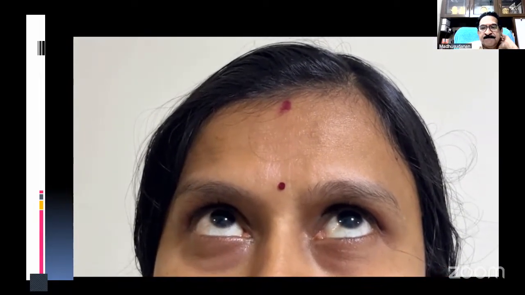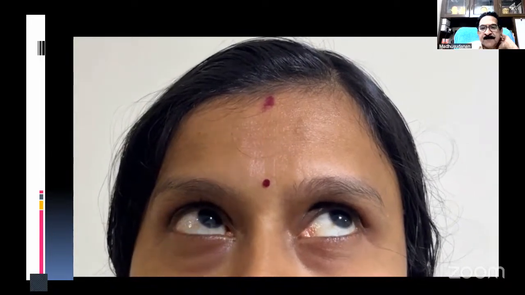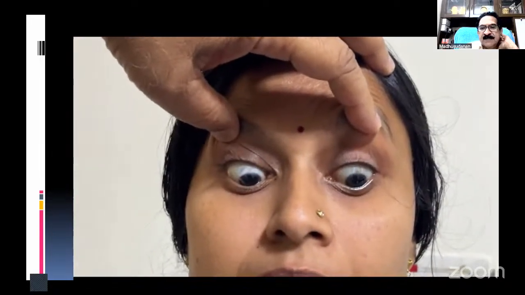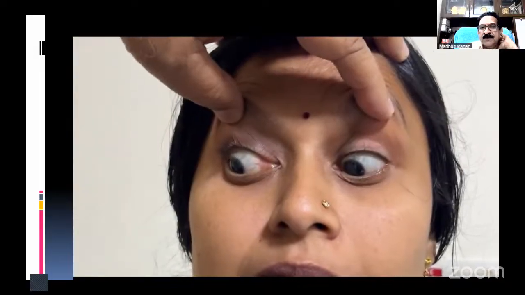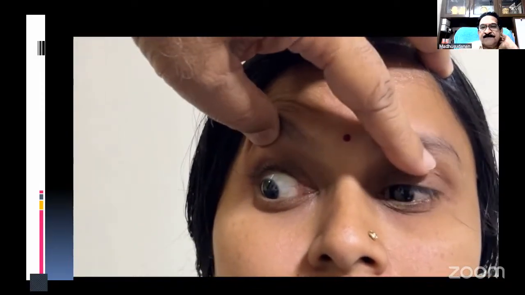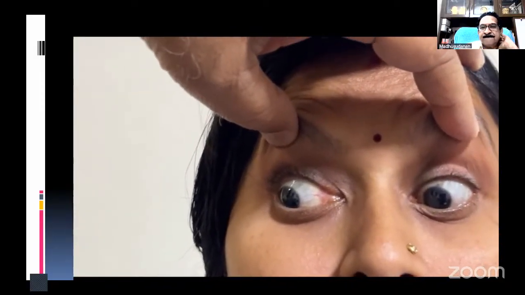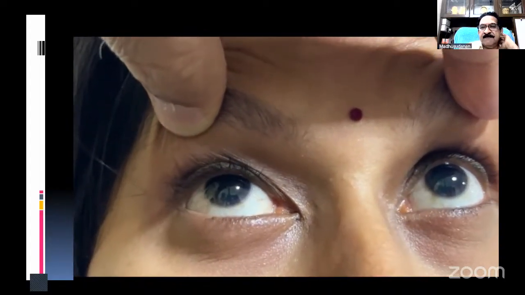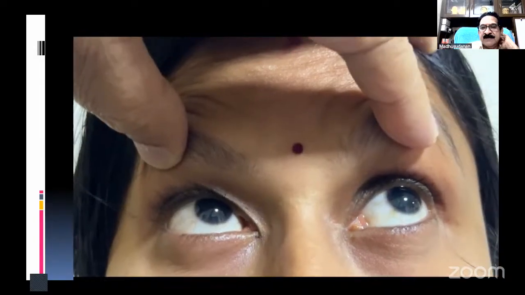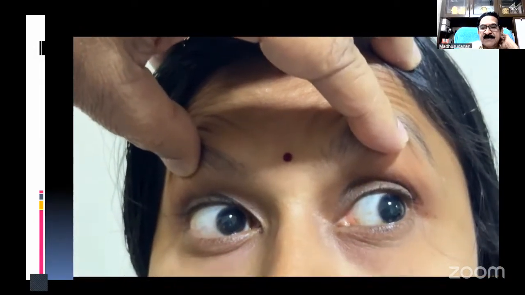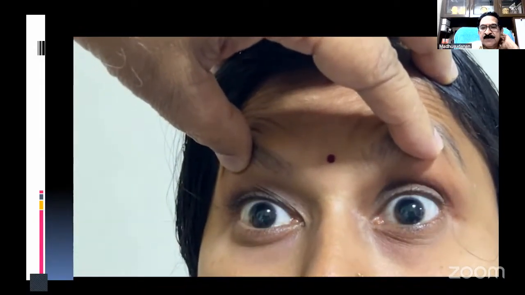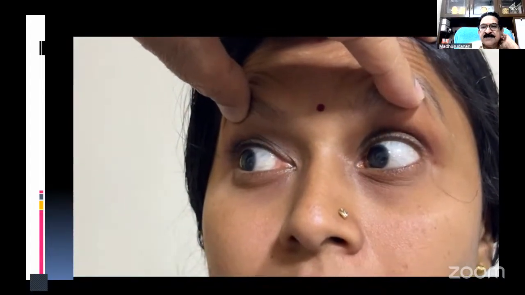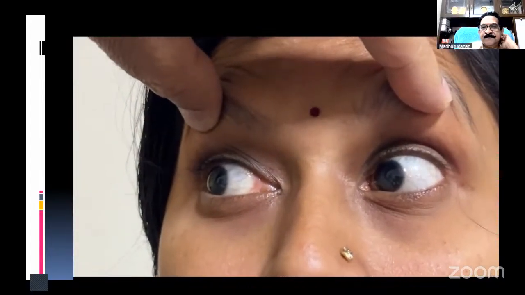Then up and to the left side. Down and to the left. Down and to the right. But only on looking to the right side, there is some restriction in the left eye. Again, look once again, looking from left to the right. Let's ask her to keep on looking to the right side.